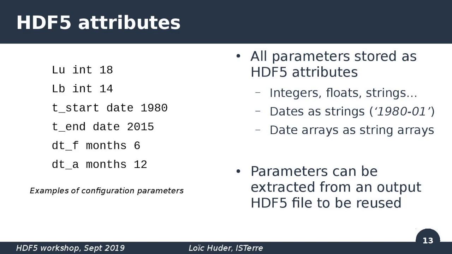Another nice thing is that once you have an output file with a given computation inside, the parameters of this computation can be directly extracted from the output file to be reused. You might ask why this is so important.